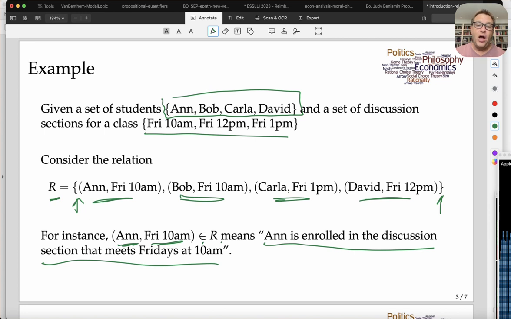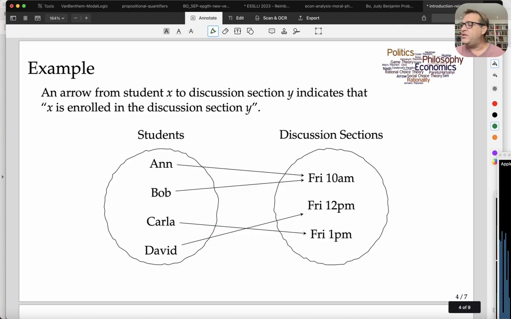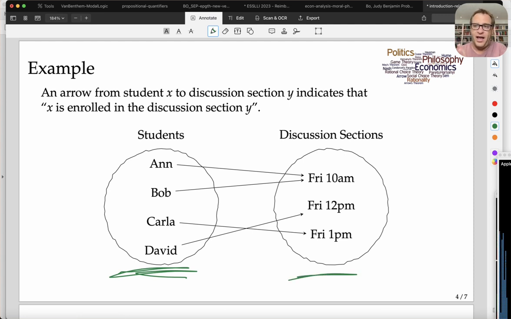Now, often we want to be able to display or visualize a relation, because just looking at a set of ordered pairs, it's sometimes hard to understand what's going on in this relation. So in order to visualize this relation, we're going to write down all the elements on the left-hand side of the ordered pairs, the students, and all the elements on the right-hand side of the ordered pairs, namely the discussion sections.